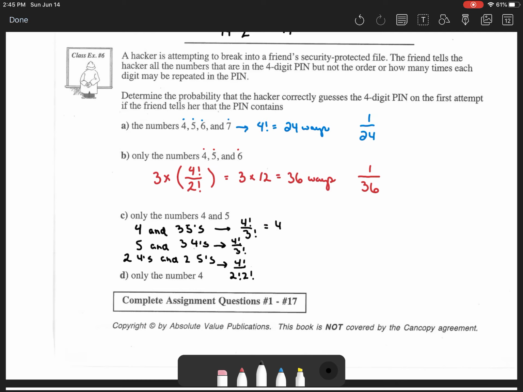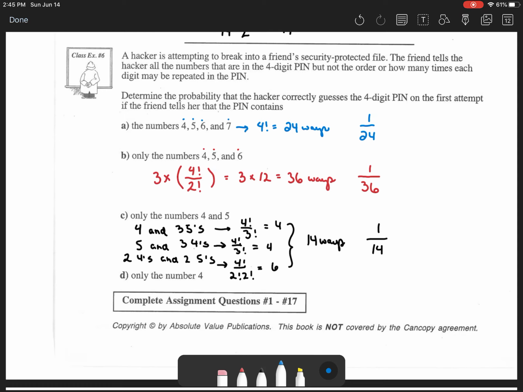So what this gives you is 4, what this gives you is also 4, and this will give you 6. So out of these 3 possibilities, there are 14 arrangements if I'm only using 4 and 5. Again, we are talking about a security protected file, so only one PIN code or passcode will work out of these 14 potential different passcodes.